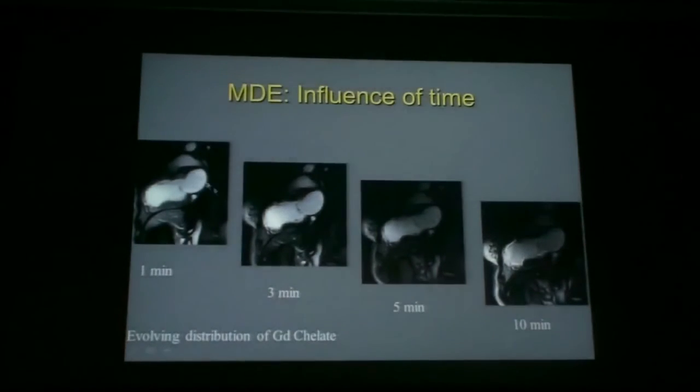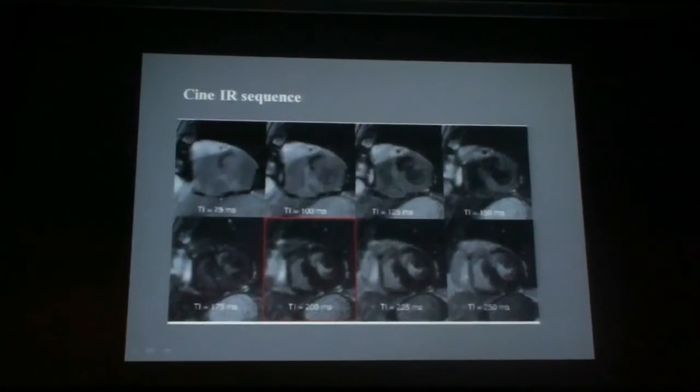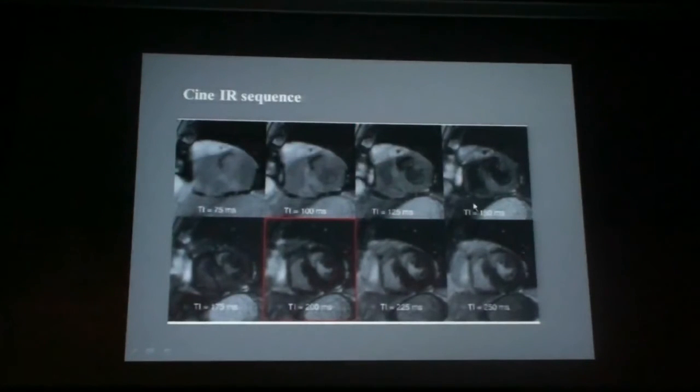So again, there is a time difference of gadolinium concentration between your normal myocardium and your fibrosis that makes difficult the choice of your inversion recovery time. And this inversion time can be either assessed manually. You can say, okay, I'm going to first try a TI of 200 milliseconds to get a black signal from my myocardium and a hypersignal from my fibrosis.